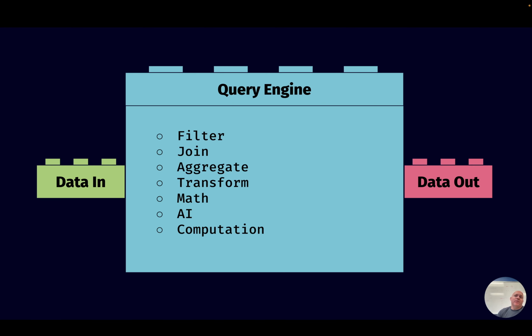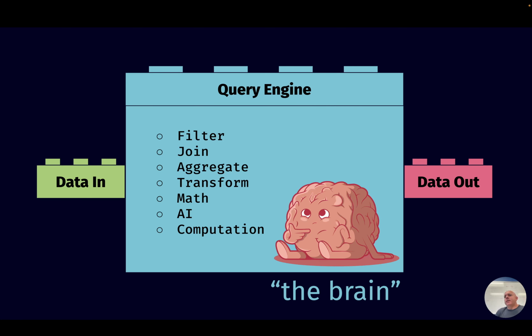And then after performing these data science calculations, the query engine has a way to output the data. So you can think about the query engine as being the brains in your data science pipeline, and the brain is what's doing the data science.